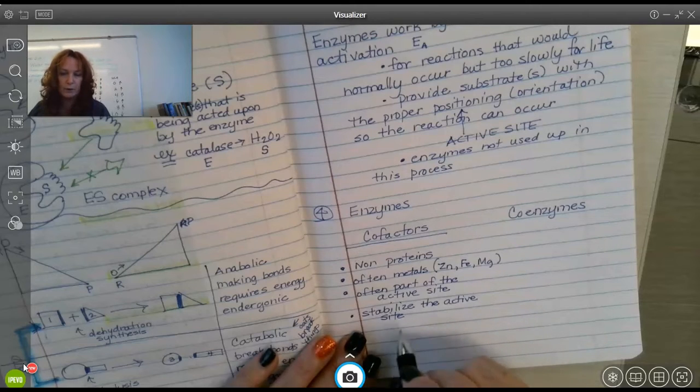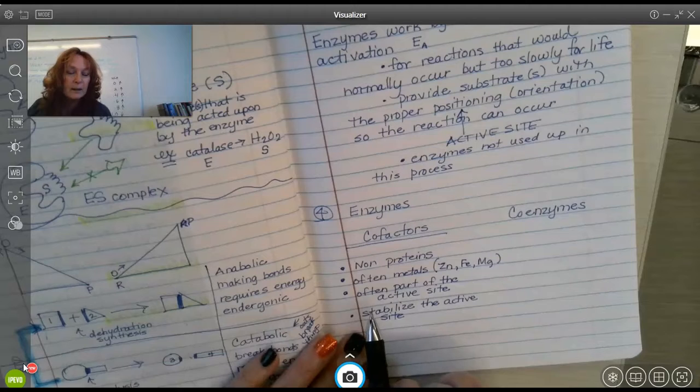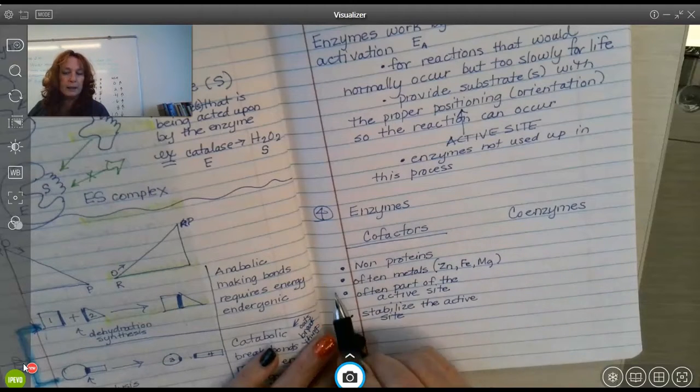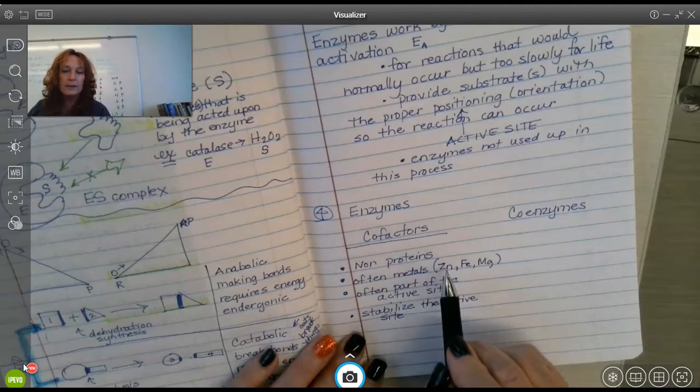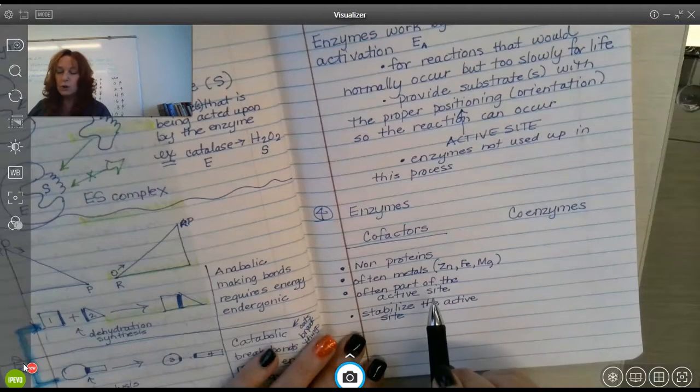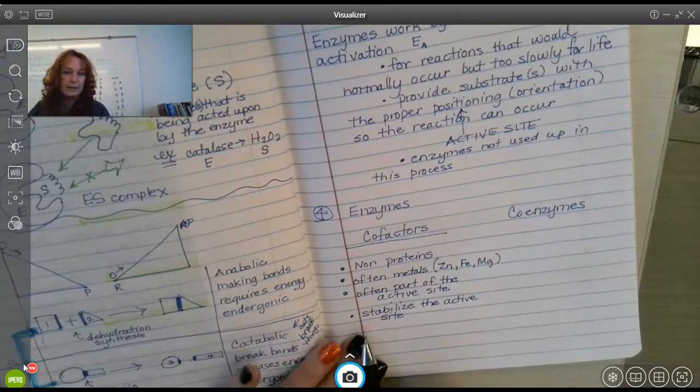Like it's not as hard for it to hold that shape. Now you know why everybody talks about zinc with COVID. Because whatever you're doing to fight COVID would involve zinc, and you would need to make many, many of the molecules that have zinc in them to stabilize the shape.